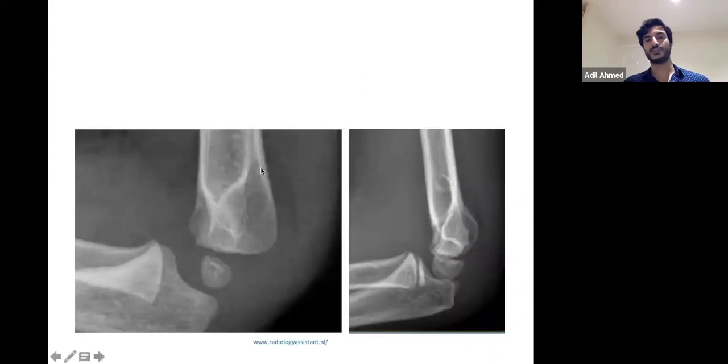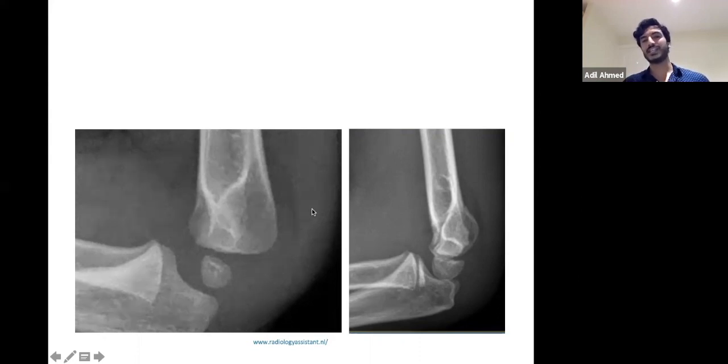Now you can't see the fracture that well, but there's probably a fracture here, and it's displaced the anterior and the posterior fat pad, so they're not as obvious. Normally these fat pads look like they're very close to bone. A lot of people mention fat pads all the time to me in A&E, and actually they're not displaced. So it's only relevant if you tell me there's a displaced fat pad.